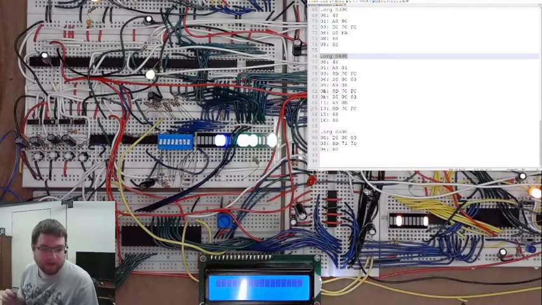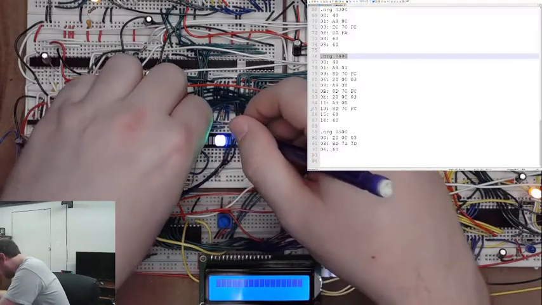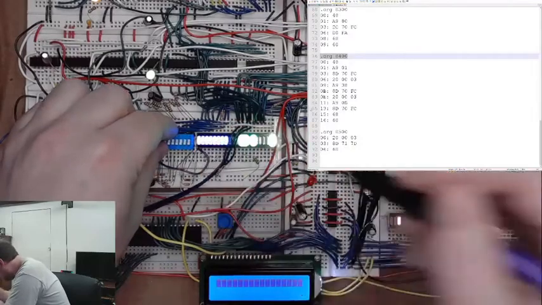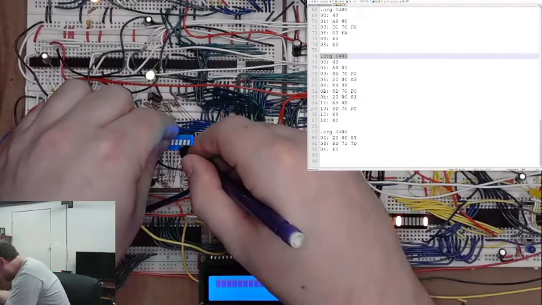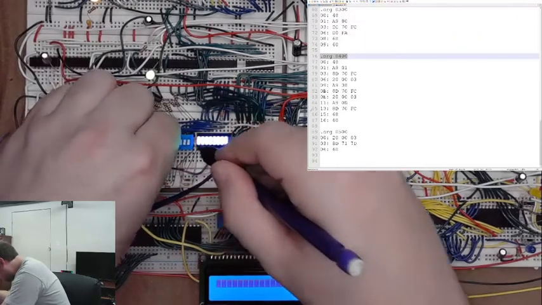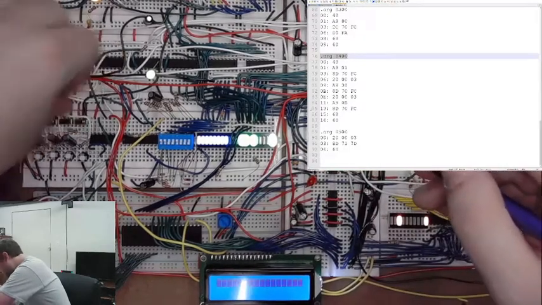Okay. Now let's go back to 1, 3. To go back, we gotta do this. Make sure that that's where that's supposed to be. Okay. We get to go back to 1, 3. Load enable this.